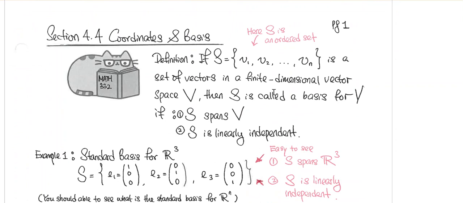So we have span, we have independence, and again, span is about reachability, independence is about redundancy. When we have a set of vectors that is optimal, we have what we call a basis for the vector space.